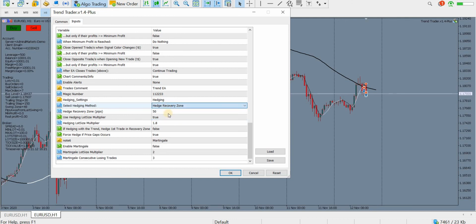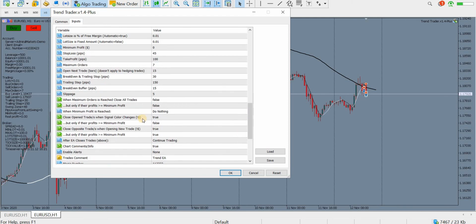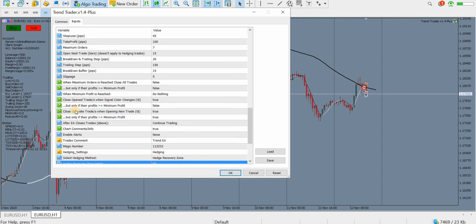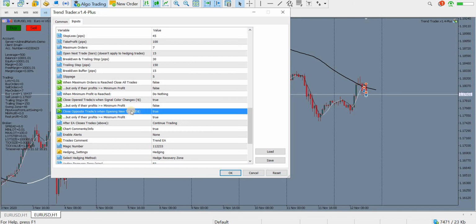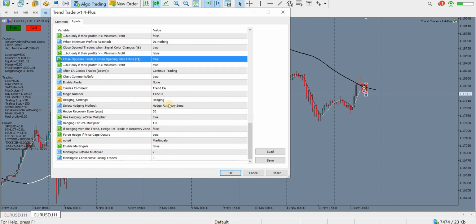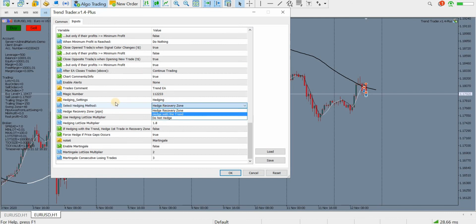If you are hedging with the trend, I don't think anything can help you except a tight stop loss that will close that order, or the option to close opposite trades when opening a new trade. That will help you when trading with the trend.